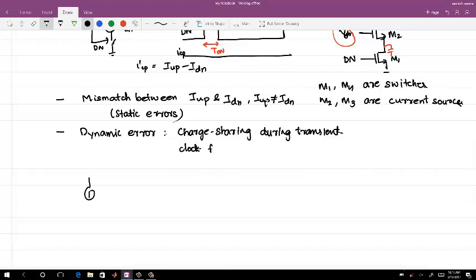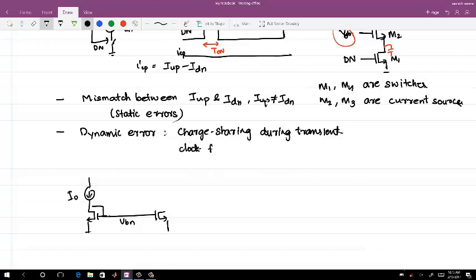Let me just deviate slightly. Let's say you have a single current source. You push it into a diode and you get an NMOS current source, which you would like to mirror into your transistor. I'm calling this VBN.